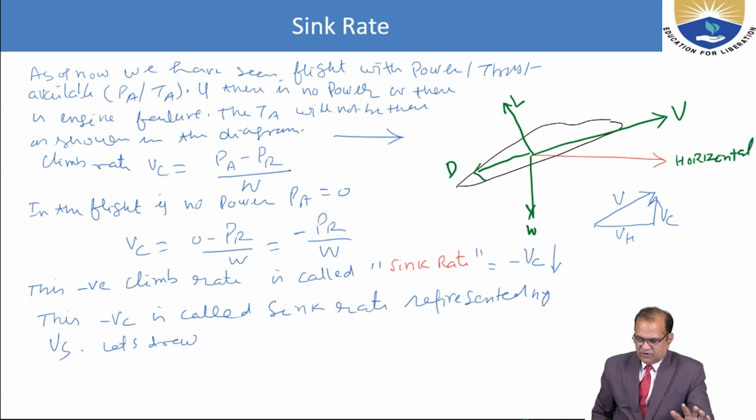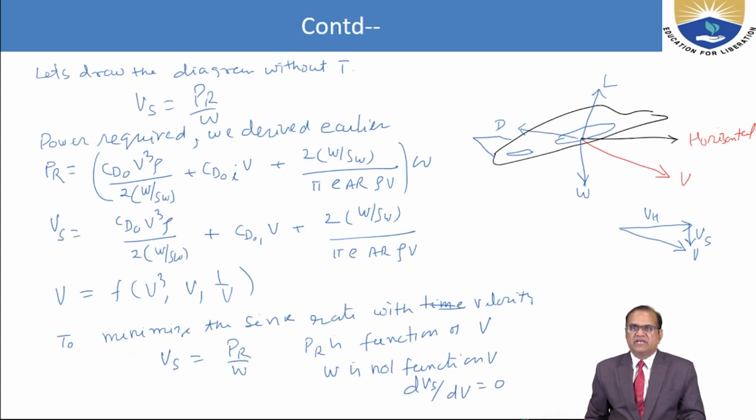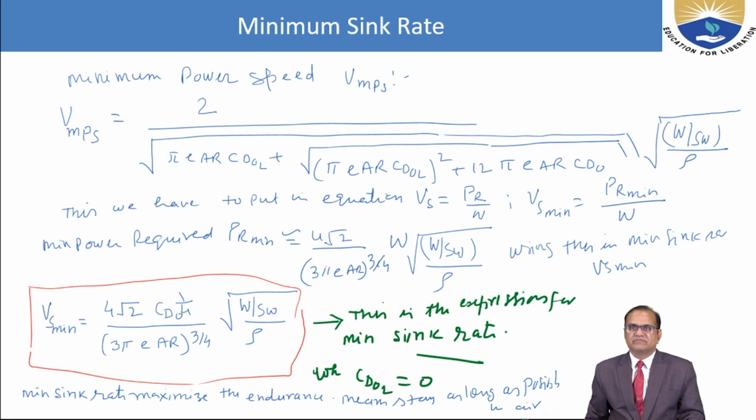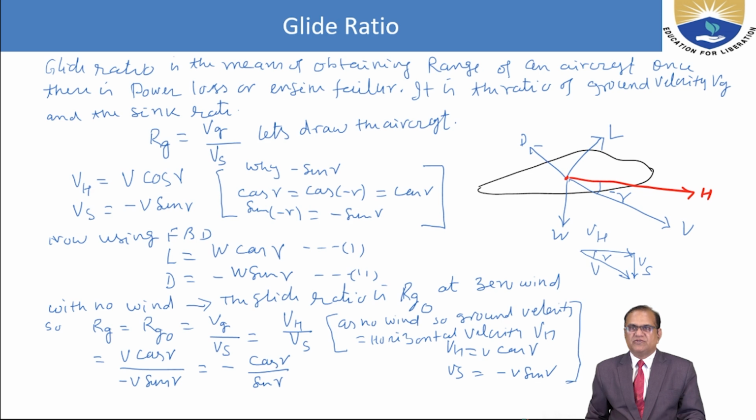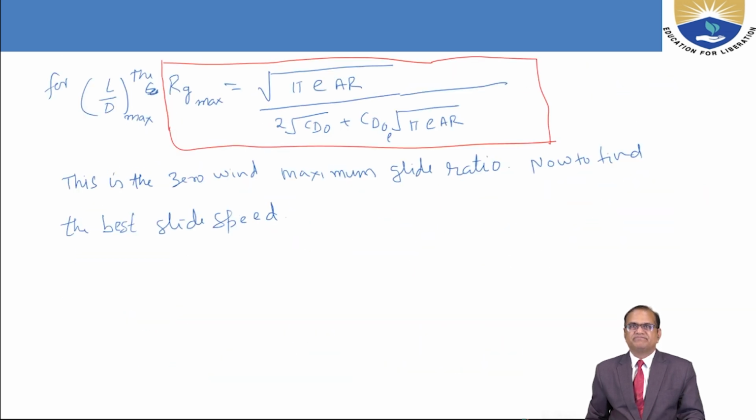If you see here, sink rate I have already discussed. Again I have put it here in my own words. Minimum sink rate, glide ratio, which I have just covered up to here.